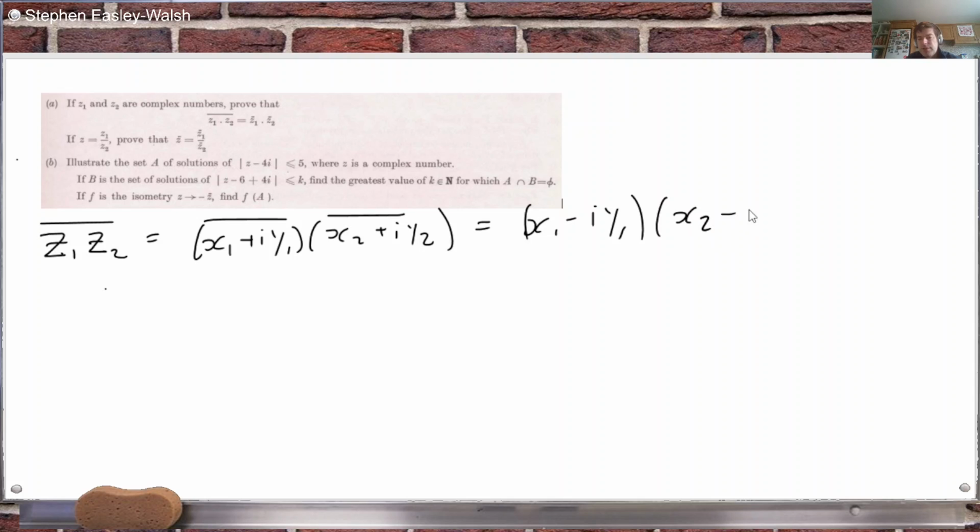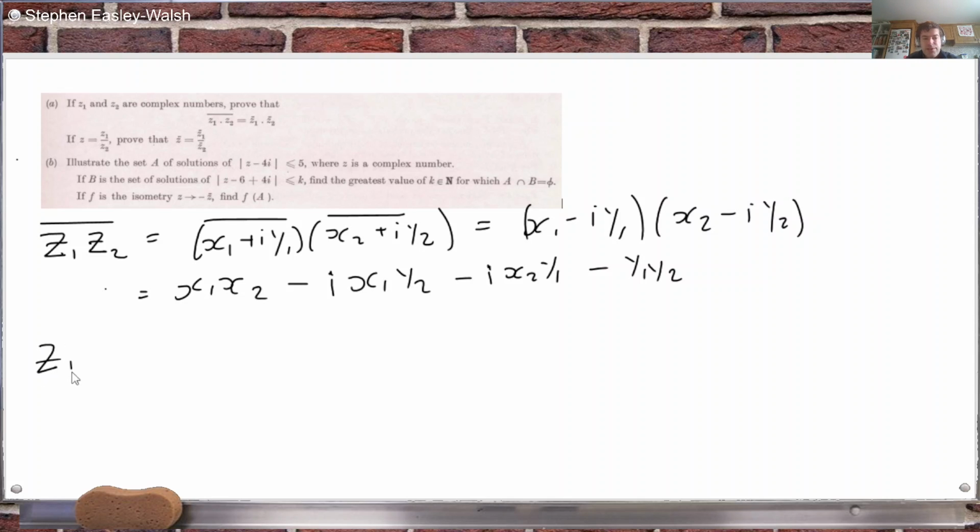times X2 minus iY2, which is X1 X2 minus i X1 Y2 minus i X2 Y1 plus i squared Y1 Y2. So that's minus Y1 Y2.